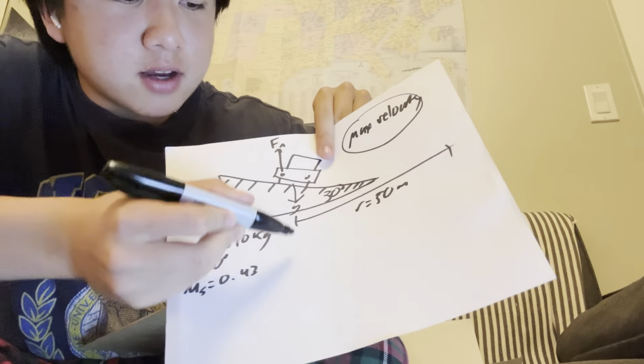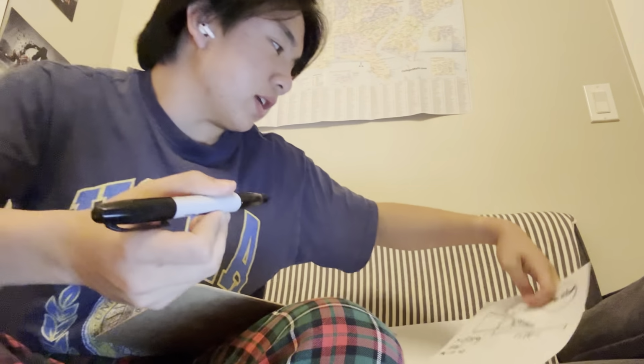Because gravity is always pulling down on you, there must be a force that is also pushing up to make sure you don't just fall through the ground. That force is the normal force. It is the force that is opposite and equal to gravity. So as we can see here, gravity straight down, normal force straight up.